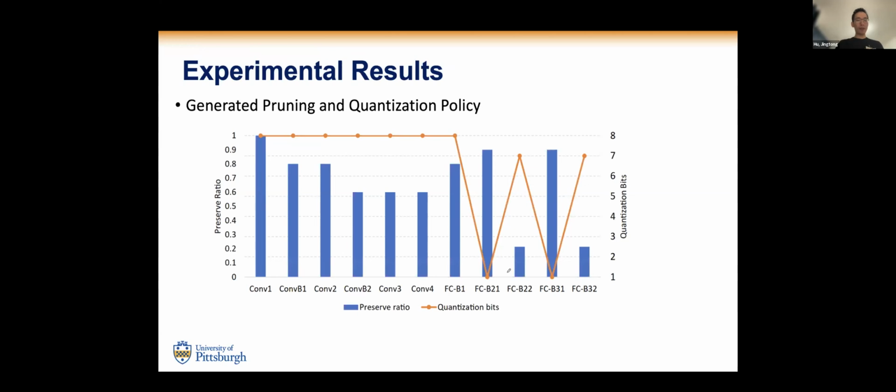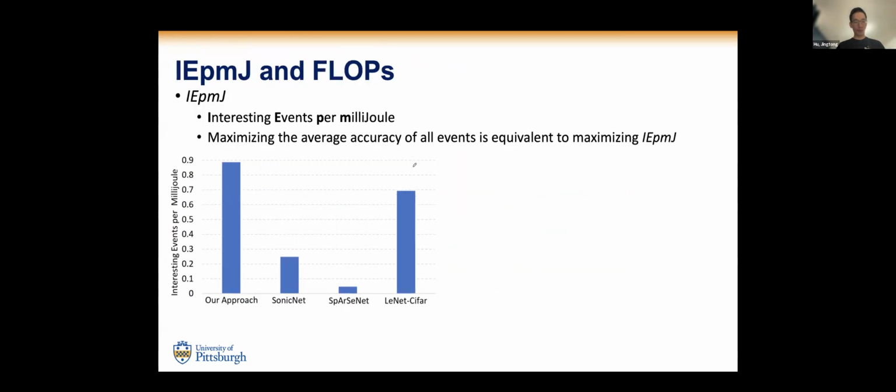So these are the experimental results. The blue bar shows the preserve ratio for each different layer, and the orange line shows the quantization bits for different layers. So you can see that the pruning and quantization are not uniform. They are non-uniform, and especially tailored for this kind of multi-exit neural network.